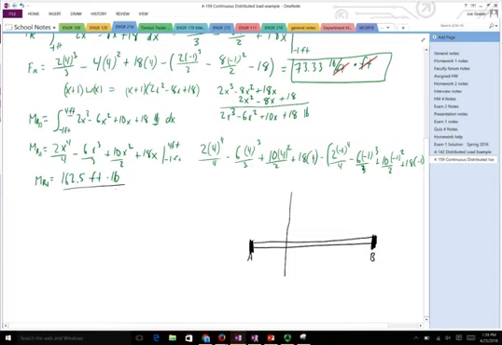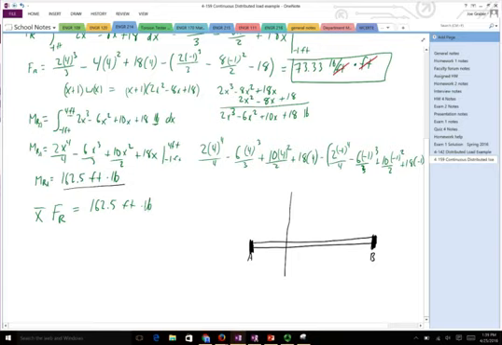Well, the moment about A is just going to be x bar, the distance from A, multiplied by that resultant force. And we know that has to be equal to 162.5 foot-pounds.